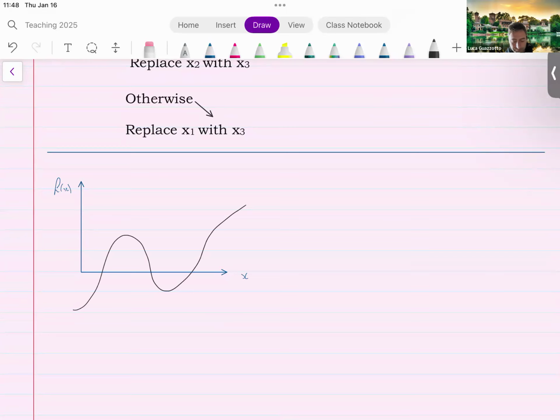I start from x1 and x2. Clearly, f of x1 is negative, f of x2 is positive, so there is going to be a zero in between. That's true.